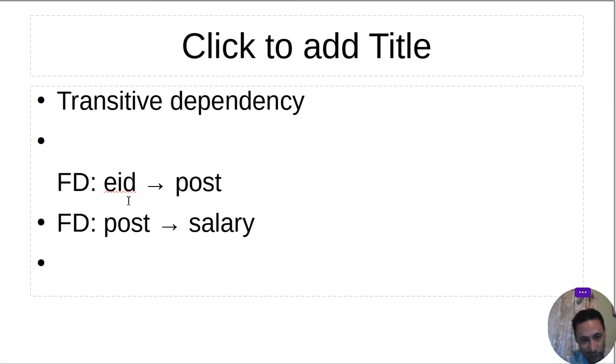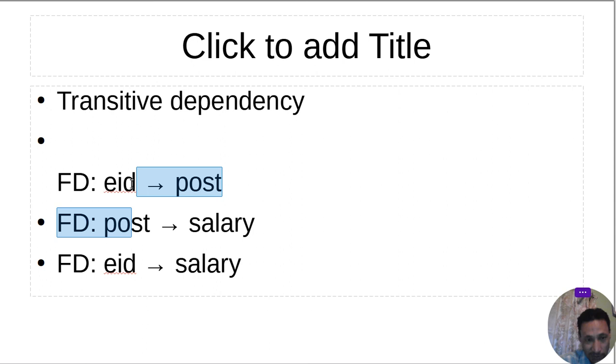When we consider these two functional dependencies, we can see something like this: employee ID determines salary. This is transitive dependency. From employee ID we can determine post, from post we can determine salary. So we can determine salary from EID also. With the help of these two given functional dependencies, we can say salary is functionally dependent upon employee ID. This is called transitive dependency.